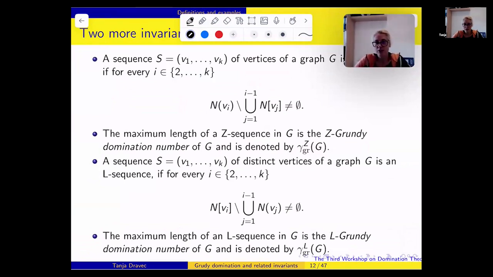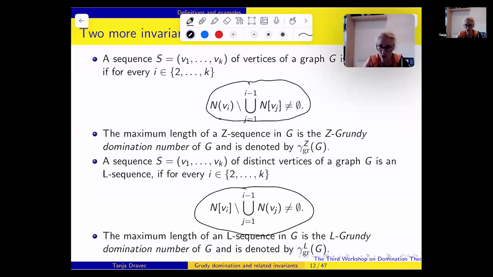If we check this definition here, it is very similar to the closed and open neighborhood sequences, just we combined open and closed neighborhoods, and also here, where we switch.